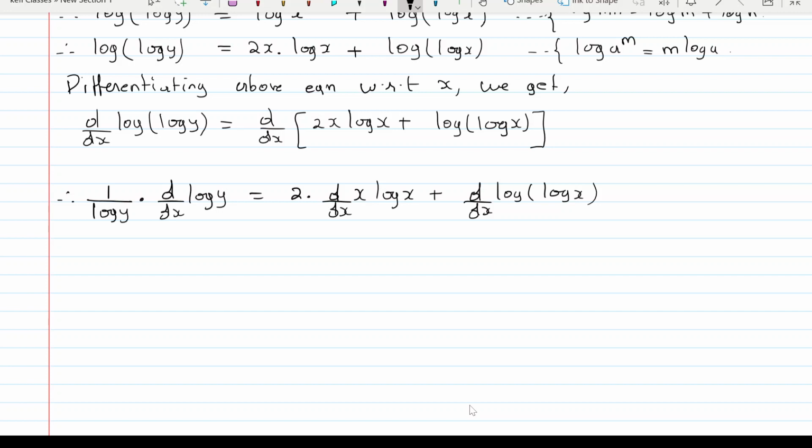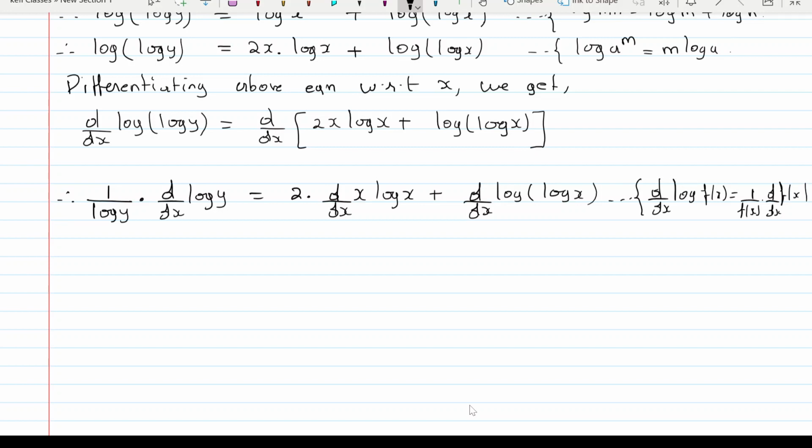Right? Write down the reason. What is the reason? d by dx of log f of x is 1 upon f of x into d by dx of f of x.